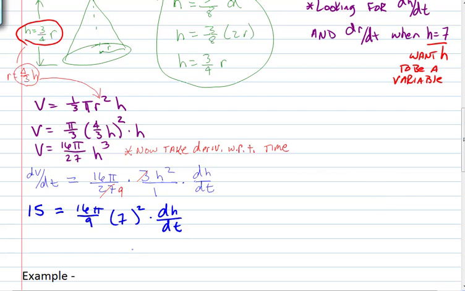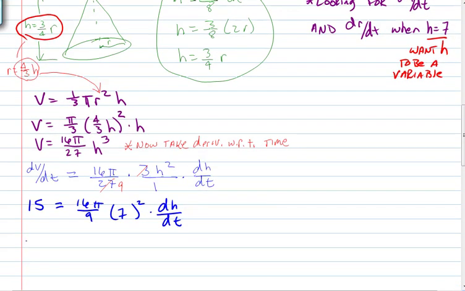So, now we have 15 equals, give me numbers here, 16 times 49, 784, pi over 9 times dh/dt.